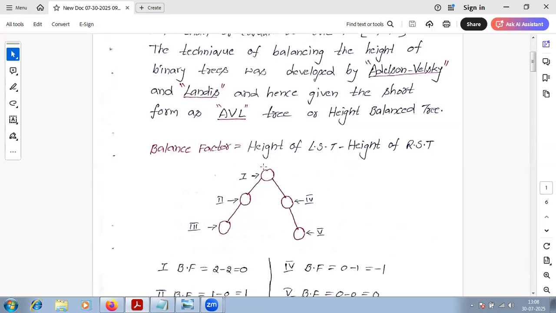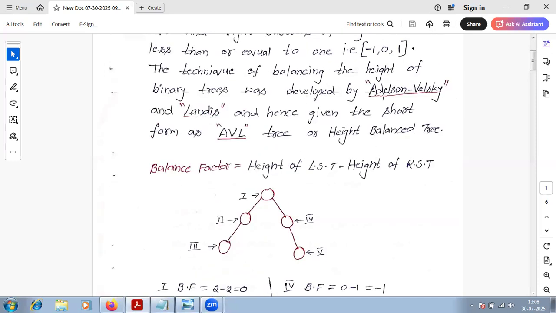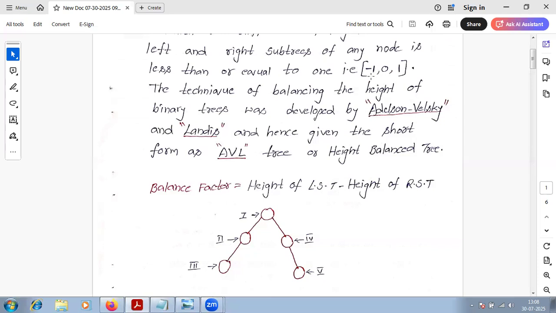For example, we have taken one tree structure. How many nodes are there? Node 1, node 2, node 3, node 4, node 5. We have 5 nodes in this tree structure. Now, to say this tree is an AVL tree, we have to make sure that all the balance factors of these nodes satisfy these values, that is, -1, 0, or 1.